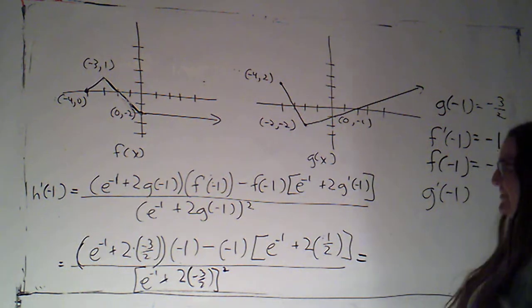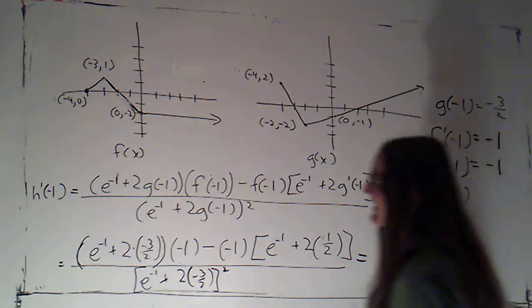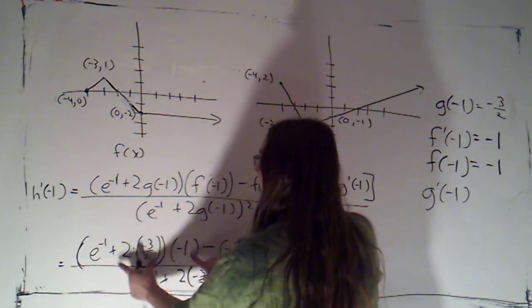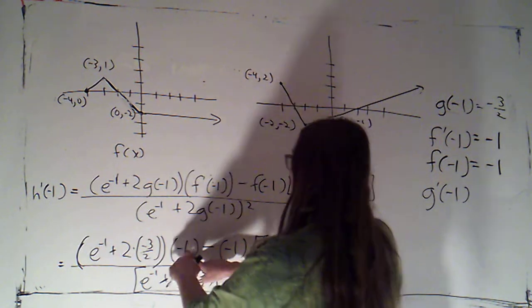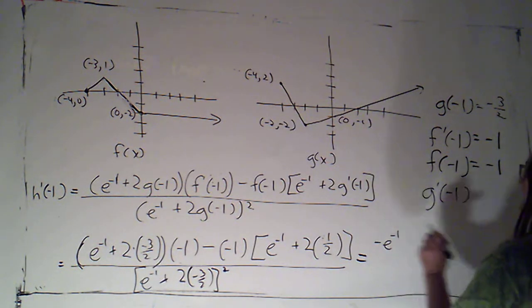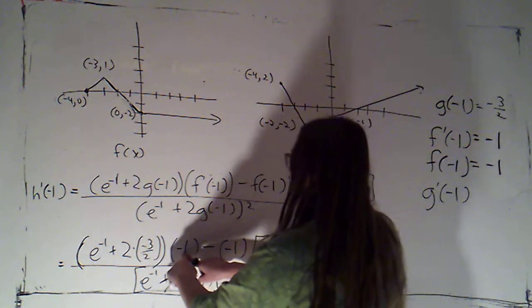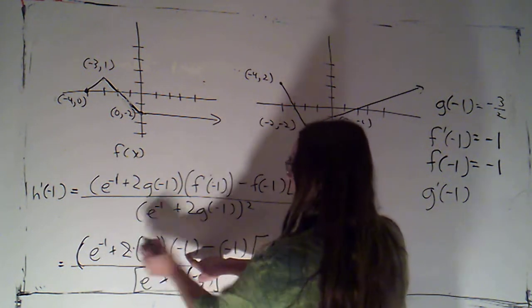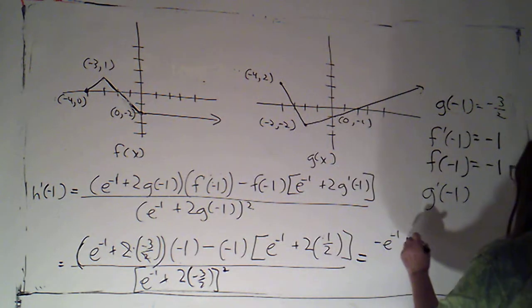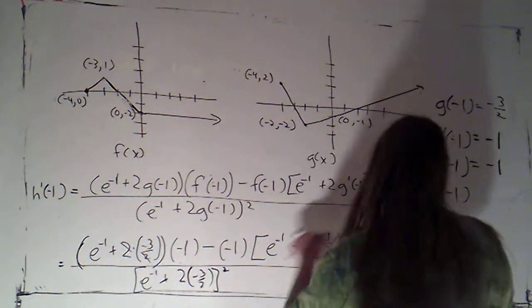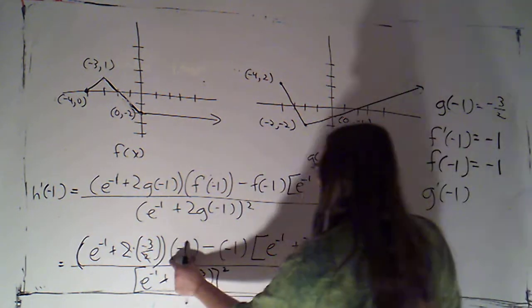All right, I do have a little bit of arithmetic to do. Okay, I think what I'm going to do here is distribute this -1 as I simplify that multiplication. So -1 times e to the -1 is just -e to the -1. Okay. This is going to be -1. The 2's here will cancel, so it's just -1 times -3, which is plus 3. Oh, I don't need the parentheses anymore because I distributed the -1.